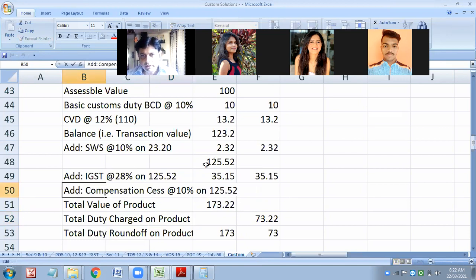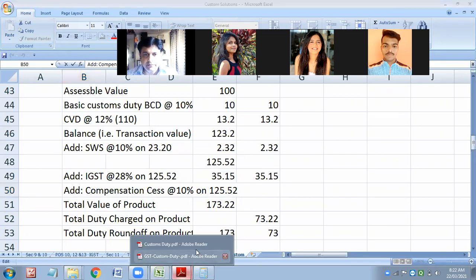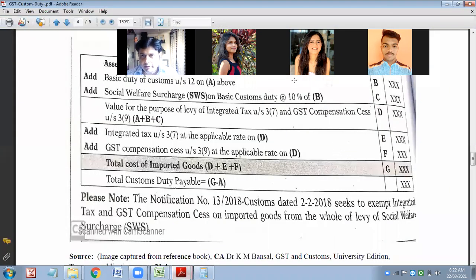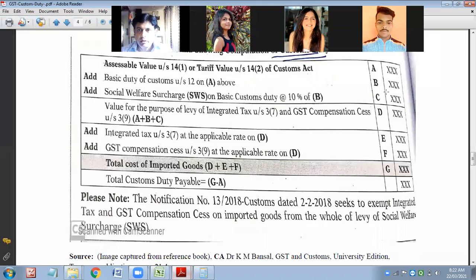125.52 on this value. Okay, just now we have seen. This is very important. On assessable value, we will charge BCD, we will charge SWS or any kind of custom. Whatever the value we will get, on that IGST will be charged.